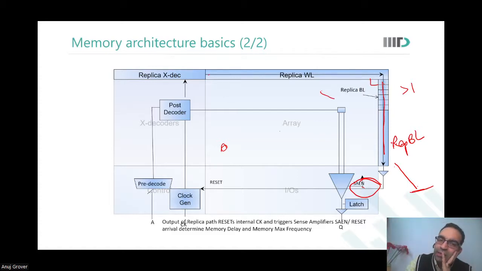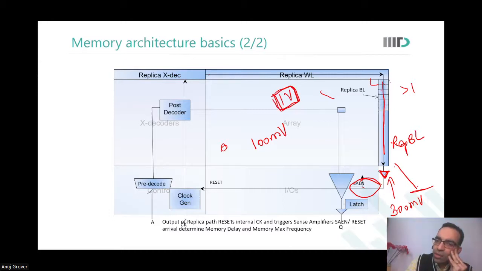Let us say I want to discharge my actual bit line by 100 millivolts. And let us say the inverter over here trips at 300 millivolts, and I'm operating at 1 volt.